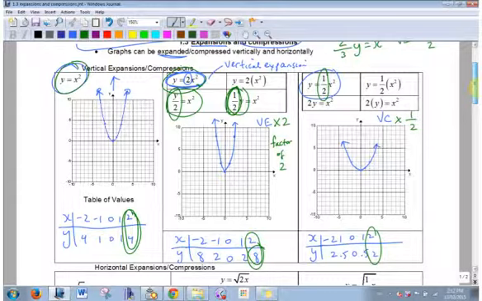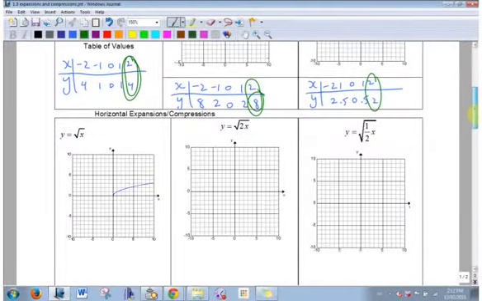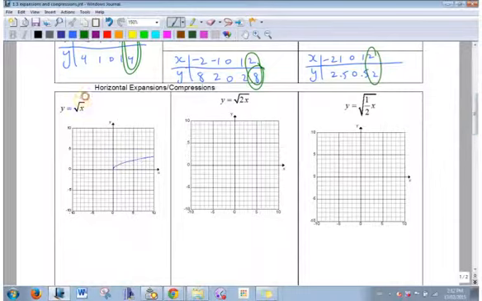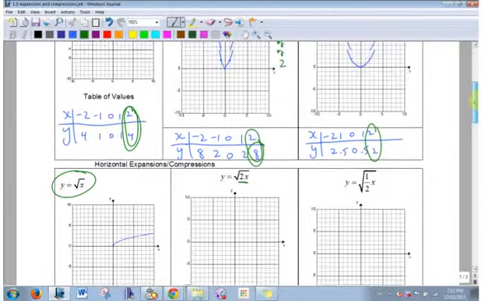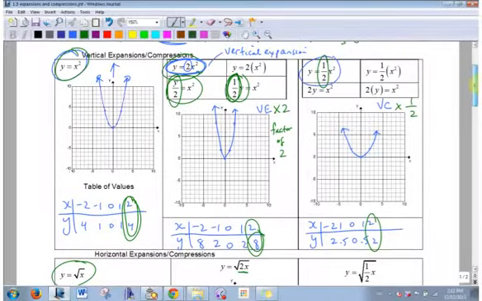Now guess what we're going to do in Math 12? We're going to do it with x. Here's our good old unfamiliar y equals root x. Only works for positive values of x. So, should I graph this? I don't know. Maybe I should just look up here.